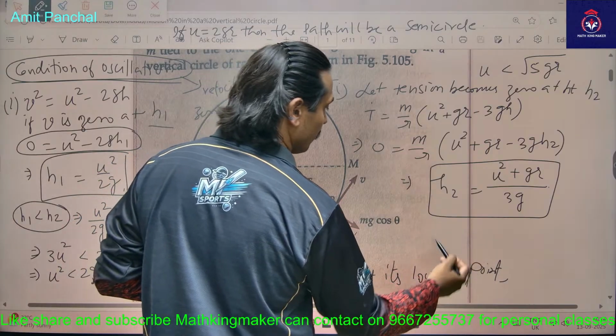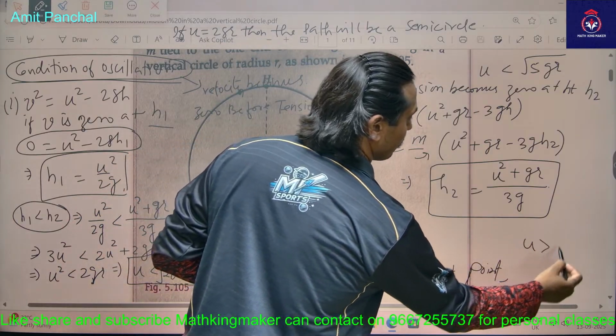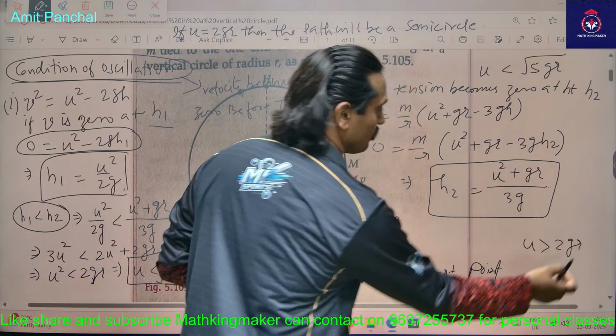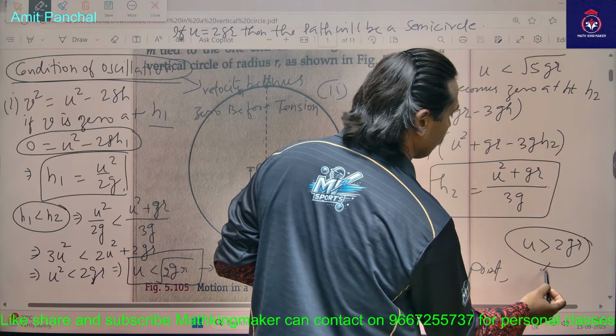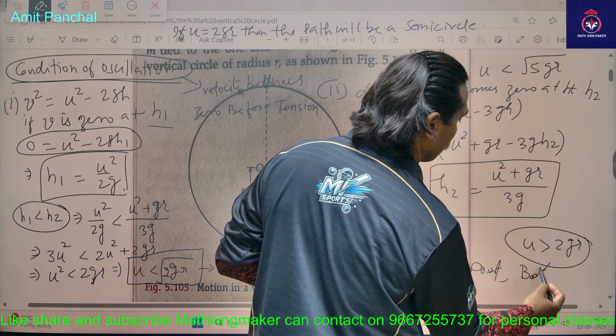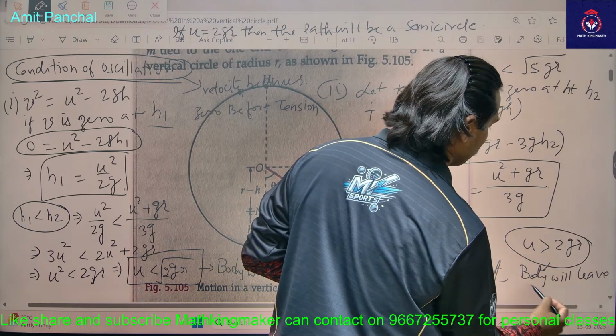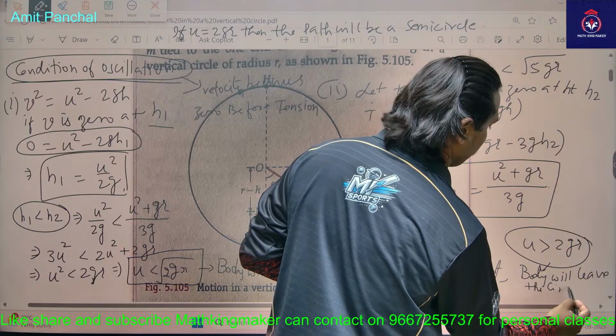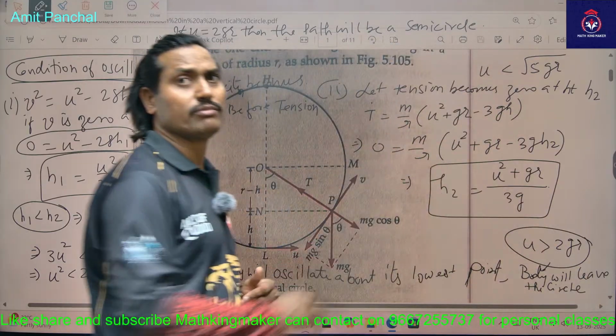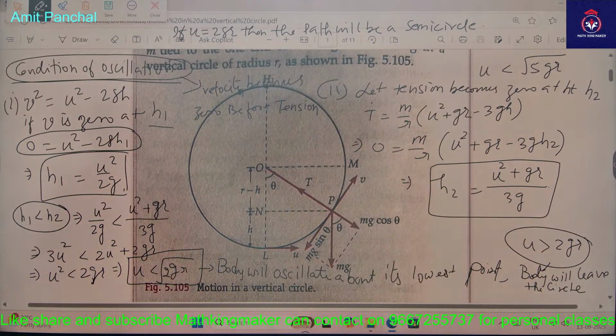So that condition will be u greater than root 2gr. That will be the condition when the body will leave the circle, and at that time tension will become 0 earlier than the velocity becomes 0.